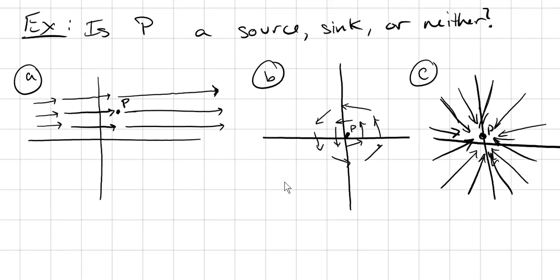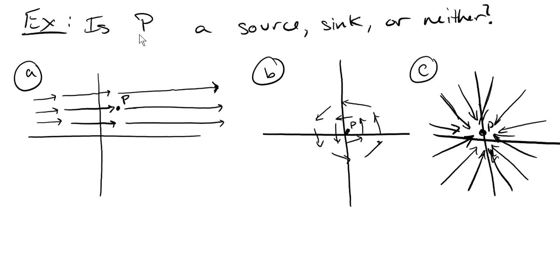All right, so the last little thing I want to do here is do a similar exercise to what we did with the curl pictures. I want to look at each of these pictures and see if the point P is a sink, source, or neither. So for example, in part A here, if I'm looking at this point P, I'm trying to get a sense of, thinking of a fluid flow, is more fluid flowing into the point or out of the point? Well, keep in mind, things to the left of the point are flowing into it. Things to the right of the point are flowing out of it.